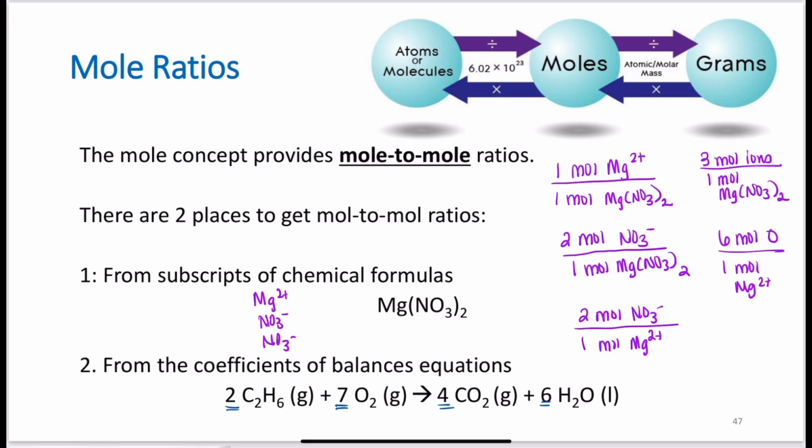But I can scale that up and say 2 moles reacts with 7 moles, producing 4 moles and 6 moles. So 2 moles C2H6 to 7 moles of O2.